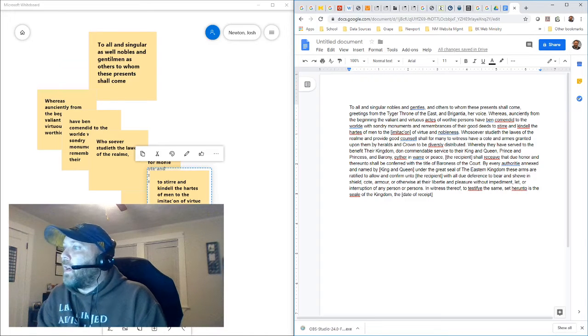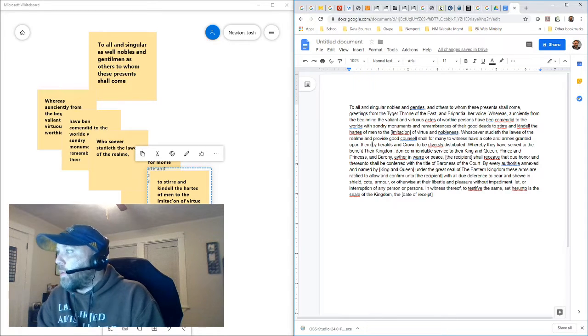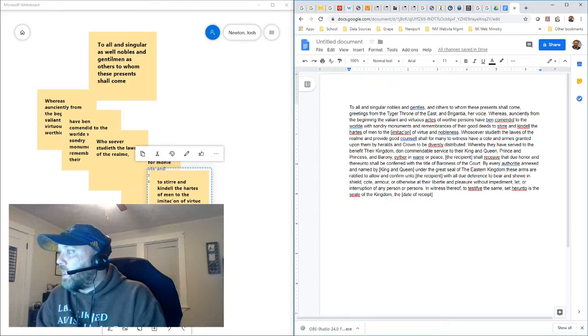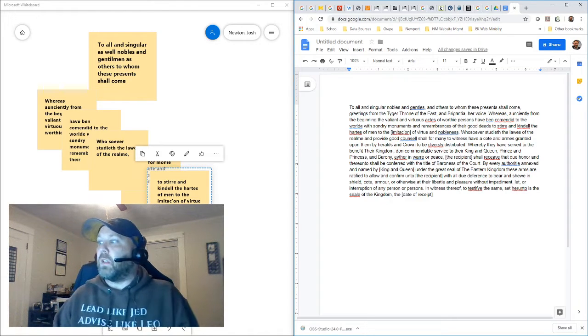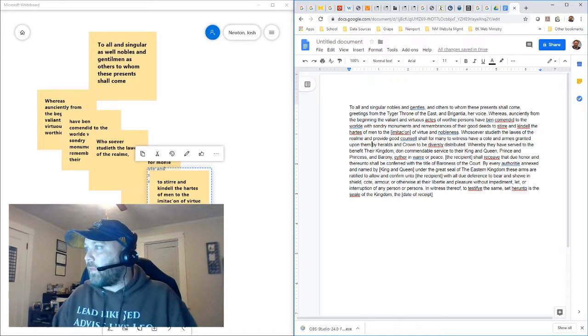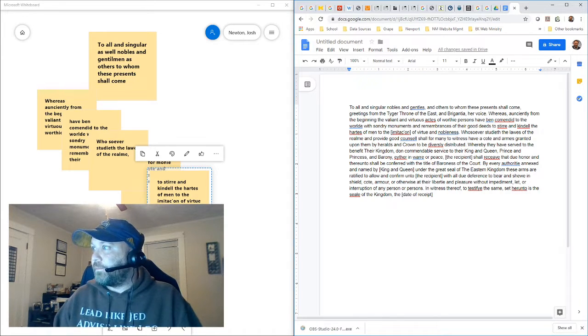These arms are ratified to allow and confirm unto the recipient with all due deference to bear and show in shield, coat, armor, and otherwise at their liberty and pleasure without impediment, let or interruption of any person or persons, in witness thereof, to testify the same, set hereunto as the seal of the kingdom, the blah blah blah, the 14th day of whatever, and of societatis.